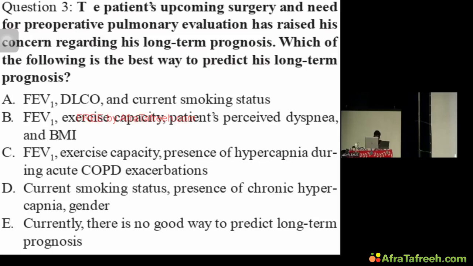It is going to be the BODE index. The thing required to recognize his mortality or survival is BMI, obstruction, dyspnea, and exercise tolerance. Answer is B.